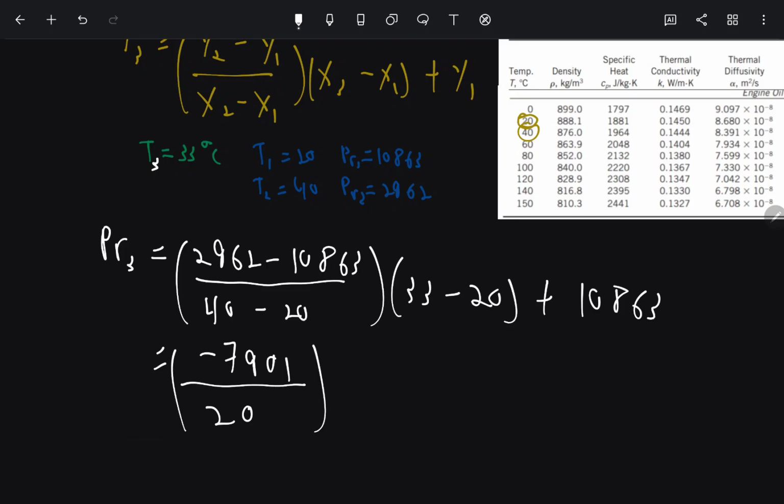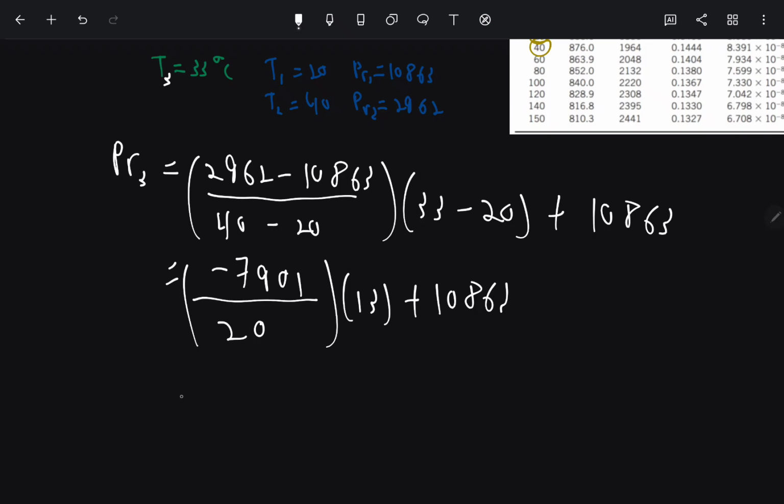Then we multiply that by 33 minus 20, that is 13, plus 10863. Again, be very careful with the parentheses, because it can lead to some wildly wrong answers if you don't pay attention to them. But then we get that the Prandtl number PR3 is 5727.35.